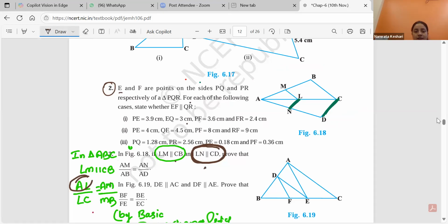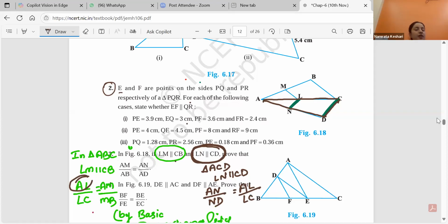Triangle ACD, we will be taking ACD, and we will say that since LN is parallel to CD, in triangle ACD, LN is parallel to CD, then we can write the ratio. Which ratio? AN is to ND is equal to AL is to LC. How simple it is. In bracket, you are writing by basic proportionality theorem.